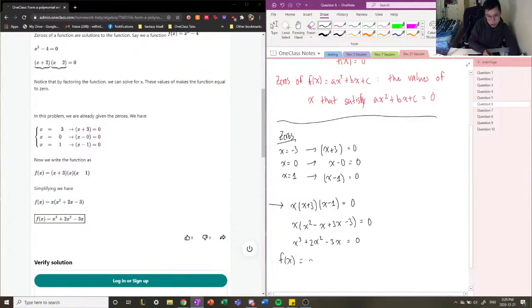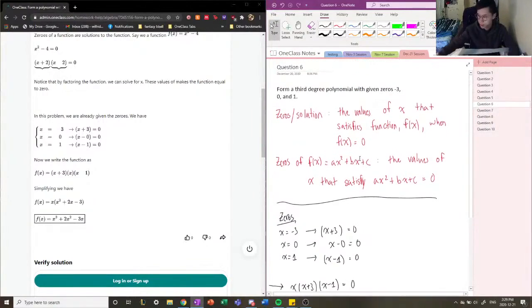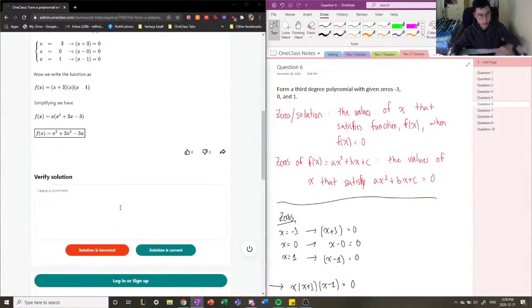But this is our final answer, which is x cubed plus 2x squared minus 3x. Okay, so that is our final answer, and we found that by using the zeros. All right, let's move on to question number 7 for today.